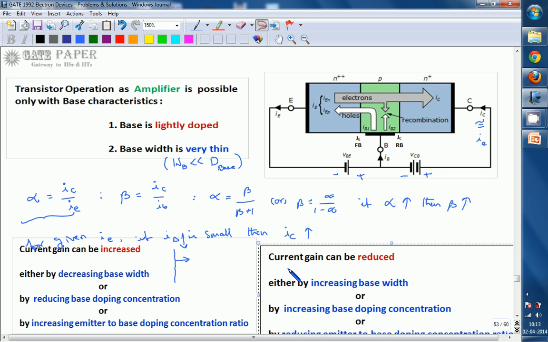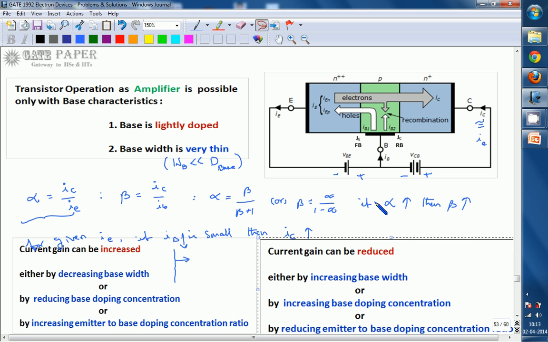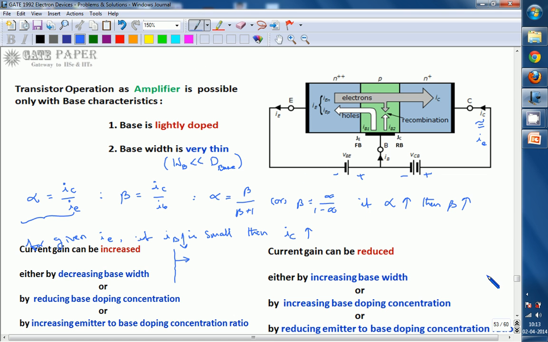What is meant by this one? Emitter to base doping concentration ratio is nothing but you can specify like this. IE is equal to IC plus IB.